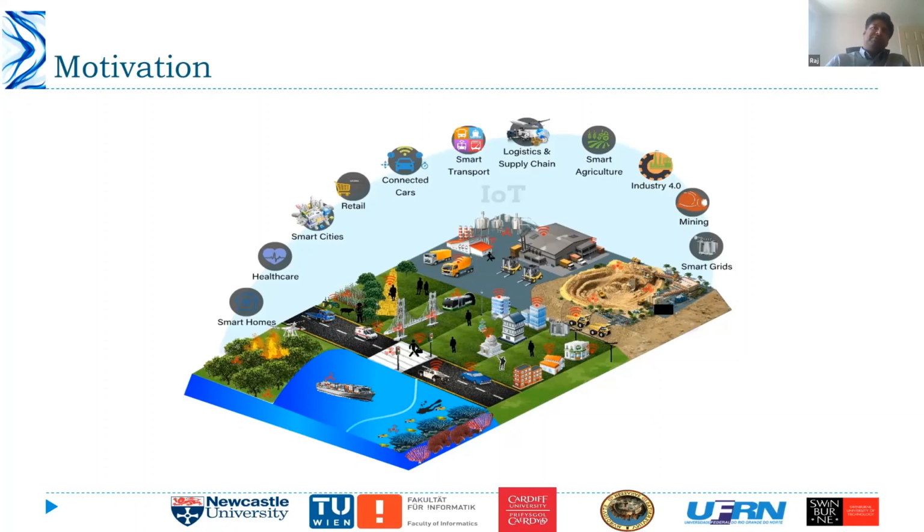If you see from the right-hand side, it goes all the way from smart grids, mining, industry 4.0, smart agriculture, smart transport, connected cars, healthcare, smart home. So you name it, every domain is now using IoT sensors and actuators to make their discipline smarter, automated, and maybe to some extent autonomic. That's the whole idea of using IoT systems to make the system autonomic, self-healing, similar to how a human body or any organism body works.